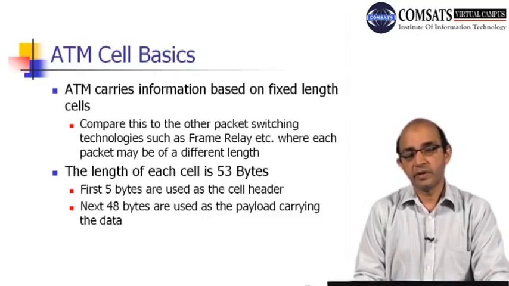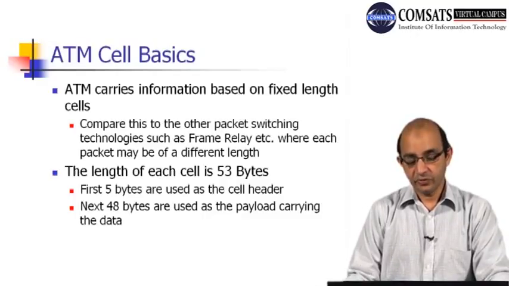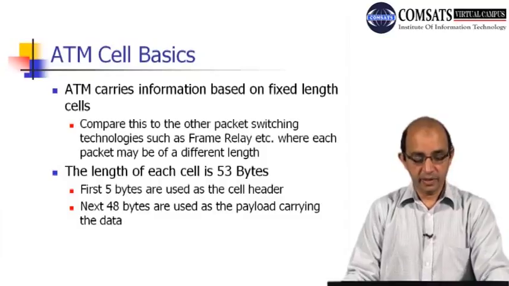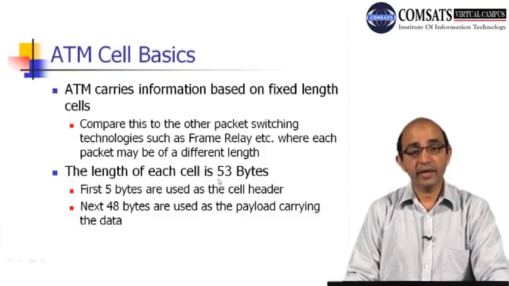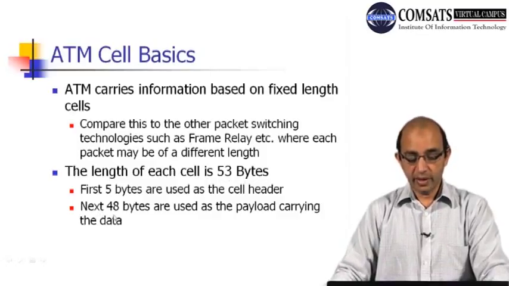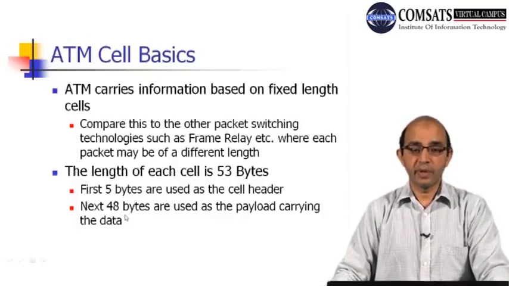The US was asking for 64 octets, and Europe was demanding 32 octets, and later on they agreed upon 53 bytes for one cell, and those 53 bytes are 53 octets.